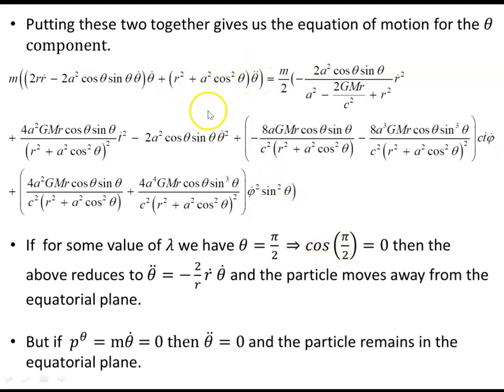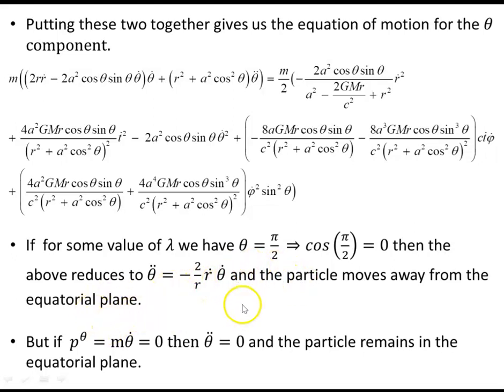If we take this r squared θ double dot, and take m times 2 r dot θ dot over the other side, and then divide through by r, we'll end up with θ double dot is minus 2/r times r dot θ dot. Okay, that's for where λ is such that θ is π/2.